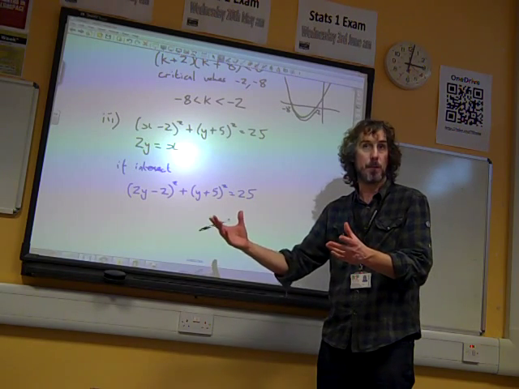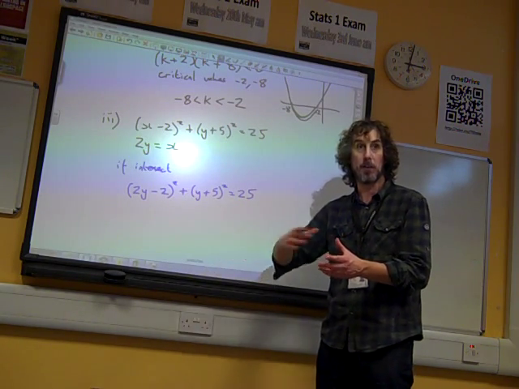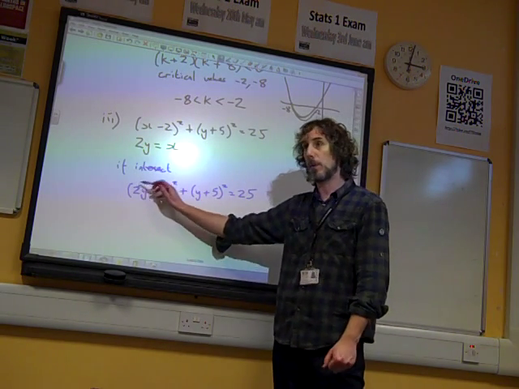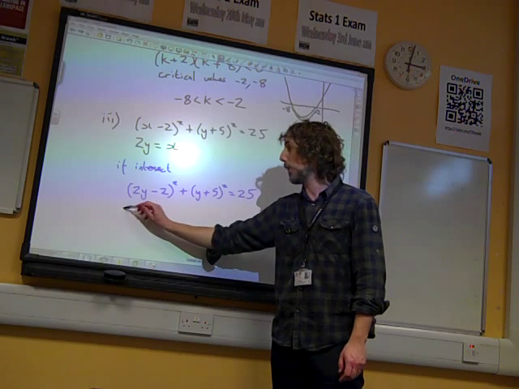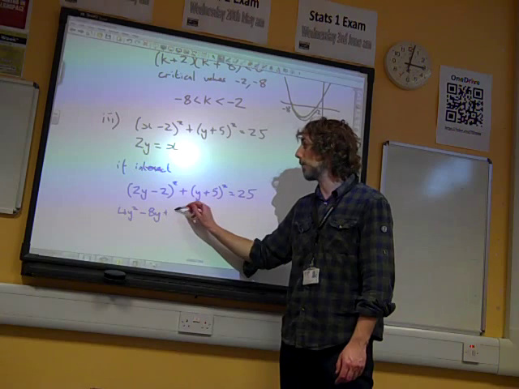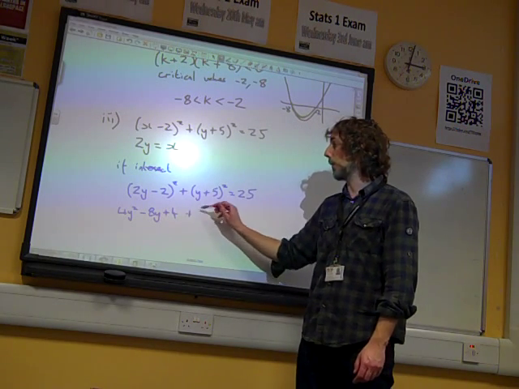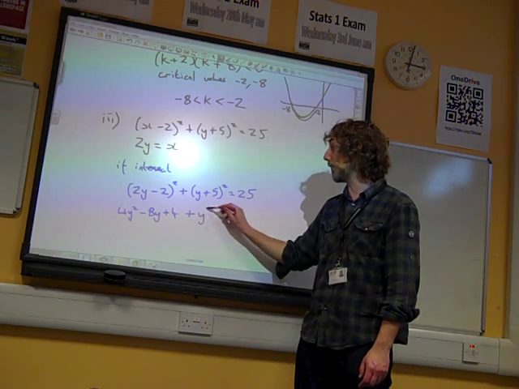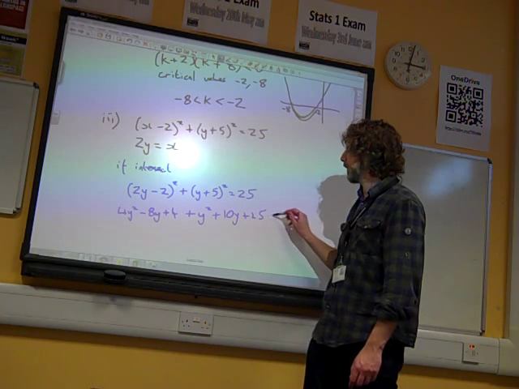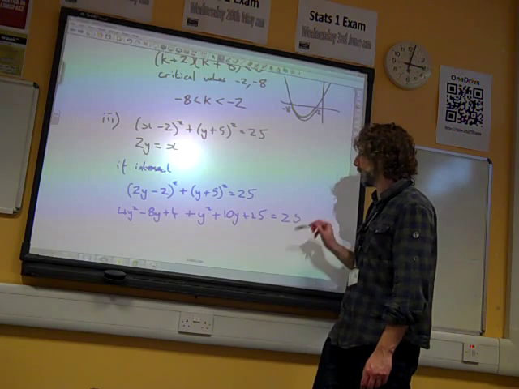It just breaks down, something goes wrong with it. So if we multiply out this bracket, we'd have 4y squared minus 8y plus 4. If we multiply out this bracket, we would have y squared plus 10y plus 25. That lot is equal to 25.